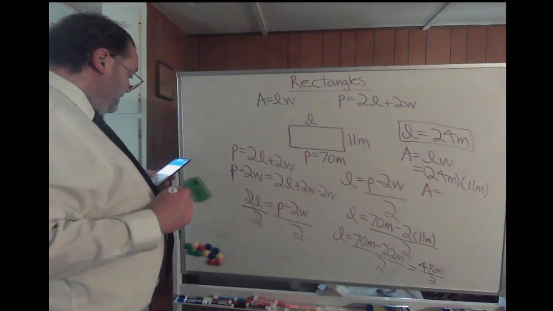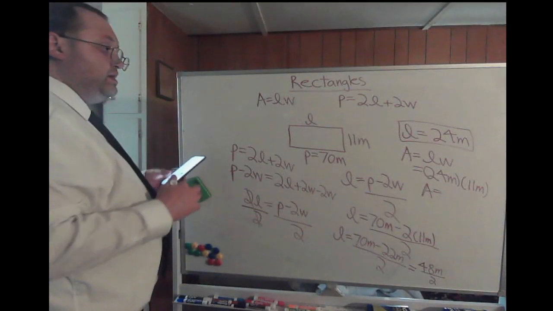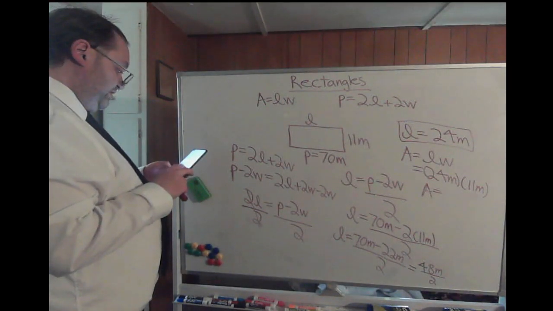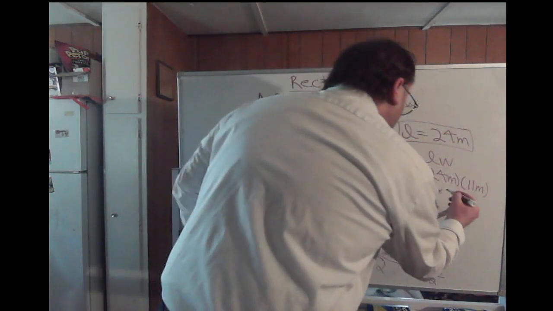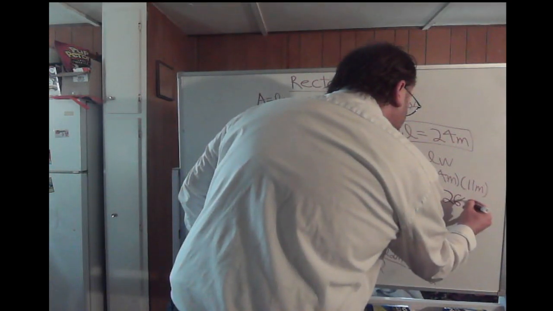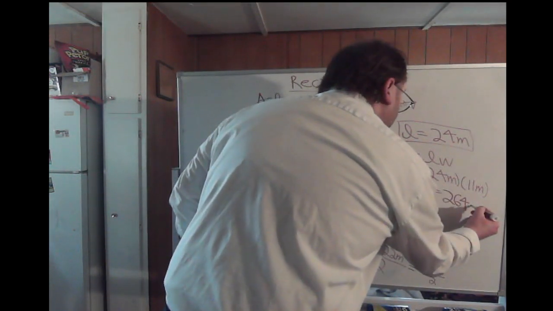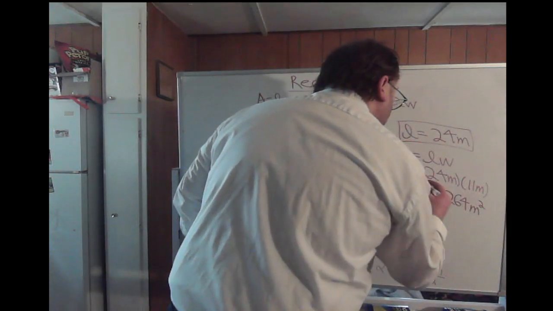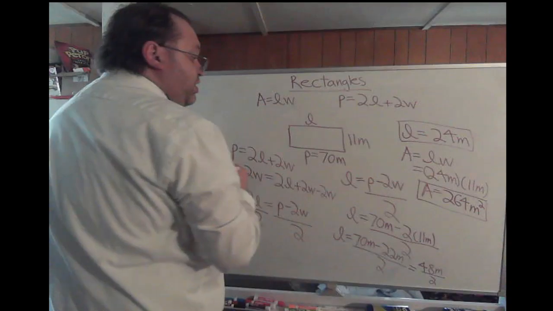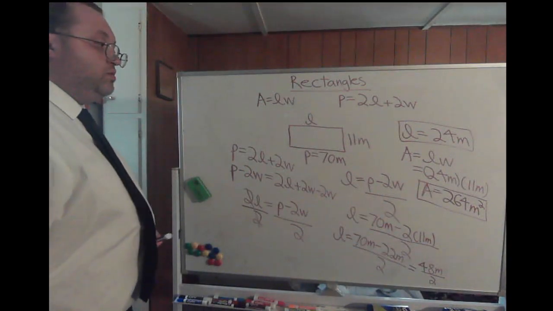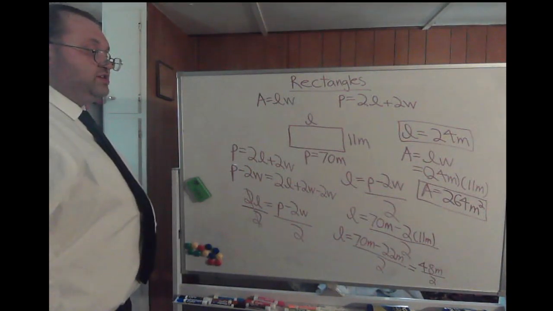Let's figure out what 24 times 11 is. 24 times 11, that's 264. Alright, so that would be 264, then meter times meter, that's meter squared. So the area is equal to 264 meters squared. Once you know your length, you can put that in and solve for the area.